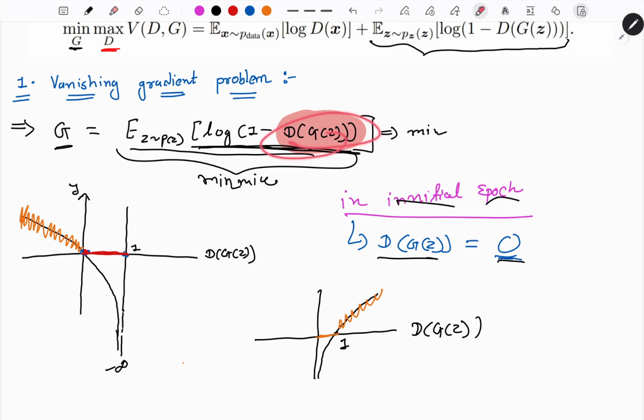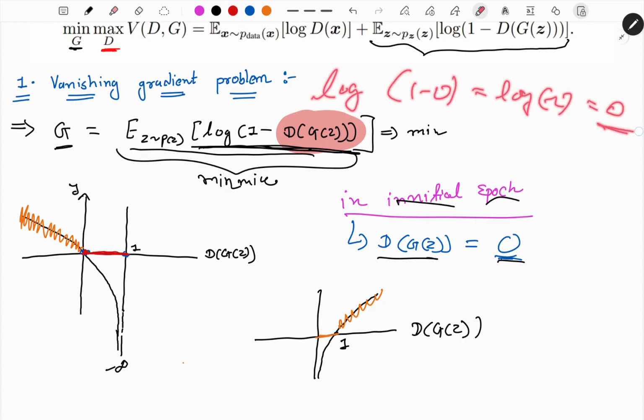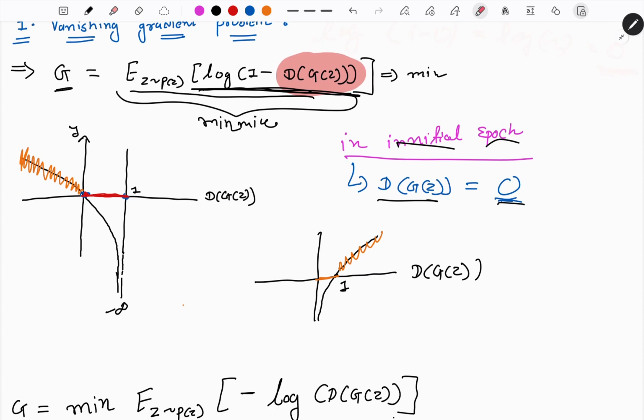If this becomes 0, then log of 1 minus 0 equals log of 1, which equals 0, meaning no feedback will go. If you look carefully at the graph, the initial gradients are also 0, meaning the slope initially is 0. So initial gradient 0 means the vanishing gradient problem.